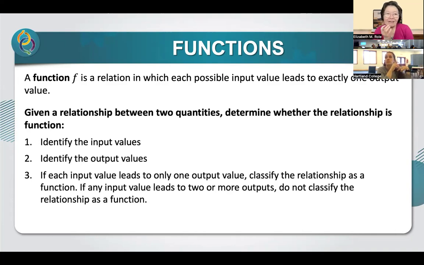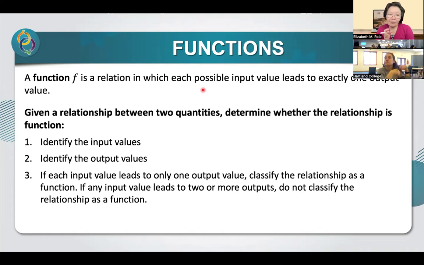It says that a function is a relation in which each possible input value will lead to exactly one output value. So one input should only be to one output. That's a function. Or in other words, your domain in a function should really be unique. I mean, you don't repeat the domain. The domain should be unique numbers.